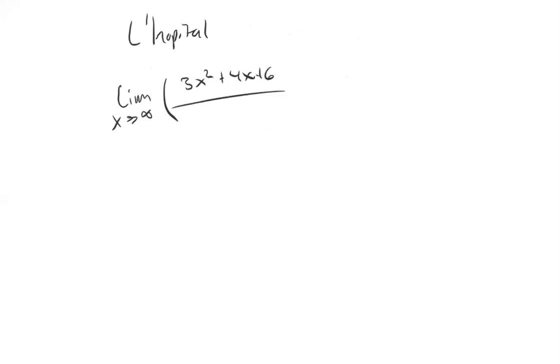Let's go ahead and move on to L'Hopital. Now, I have a bit of a pet peeve when it comes to L'Hopital's rule. So let's suppose we're working with a rational function, a ratio of polynomials, and we have the limit as x approaches infinity of something like 3x squared plus 4x plus 6 over 2x squared plus 2.